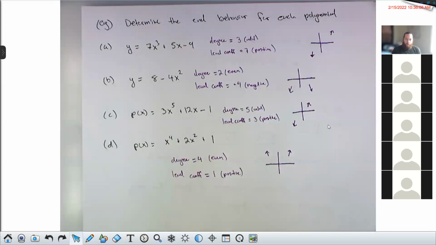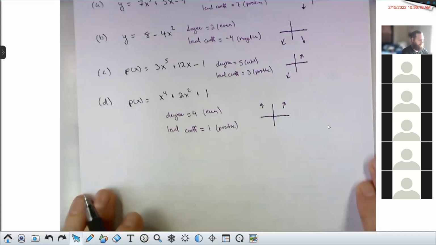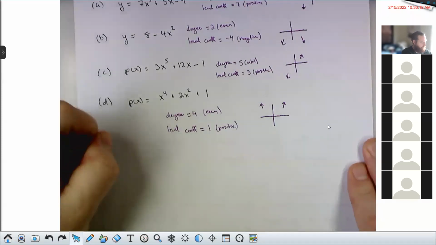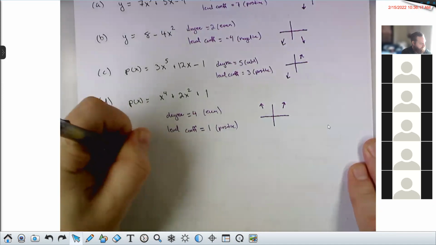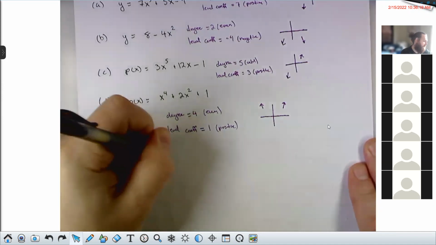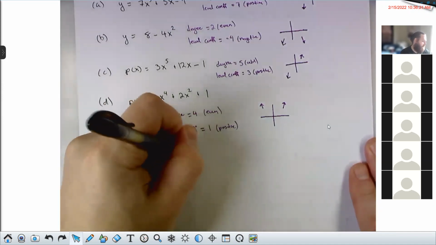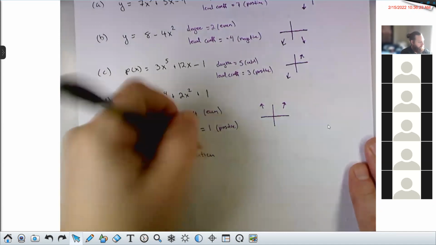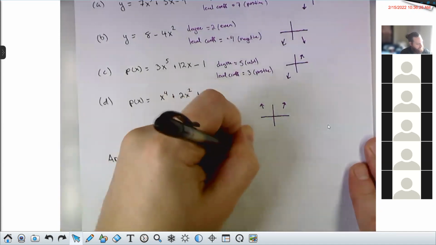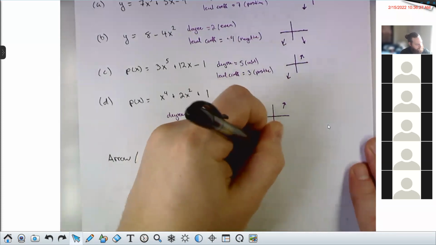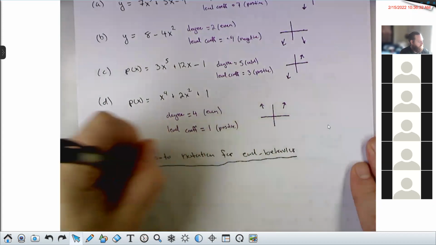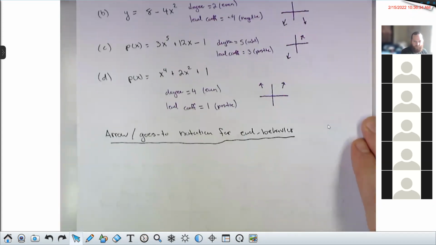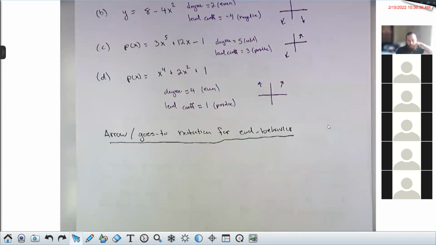We call it the arrow notation or the goes to notation. We can use it for end behavior. We can also use it for other stuff, but we're going to introduce it here with end behavior.